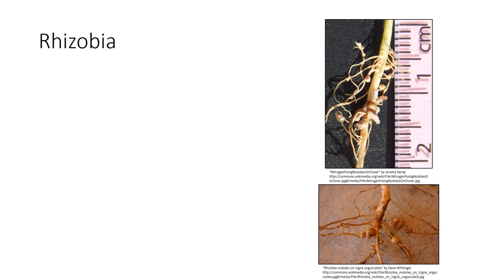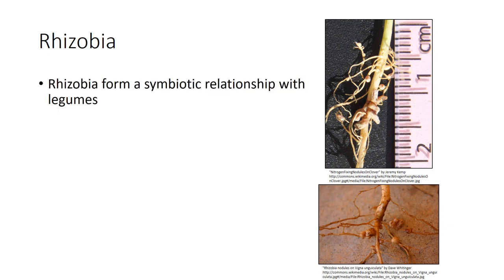The most common agricultural example of these nitrogen fixing microbes is rhizobia. Rhizobia form a symbiotic relationship with legumes, and they take atmospheric nitrogen gas along with hydrogen and electrons.